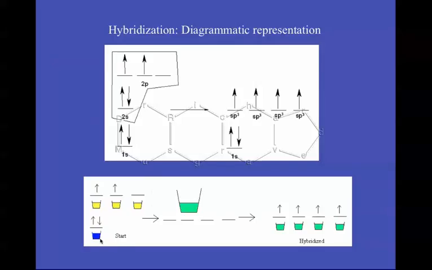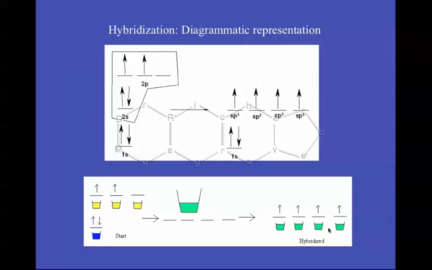Think of this as being like vodka and orange juice, and this here would be a screwdriver. What we're doing here is mixing the vodka and the orange juice, and then pouring the screwdriver back into the 4 glasses that the orange juice and the vodka came from, and that gives us 4 equal drinks as opposed to 1 drink that was different and 3 that were the same.